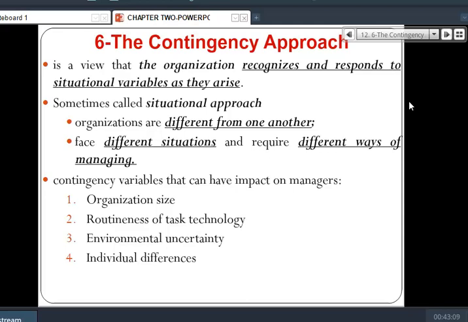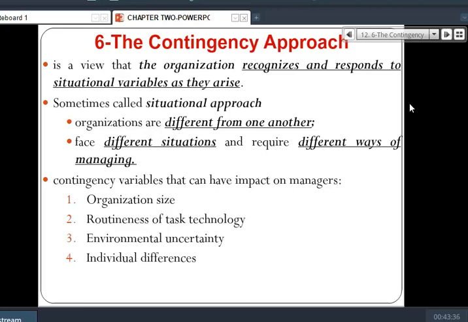The contingency variables that can impact managers are organization size, the routineness of the task technology, environmental uncertainty, and individual differences. These elements make any organization different from another.